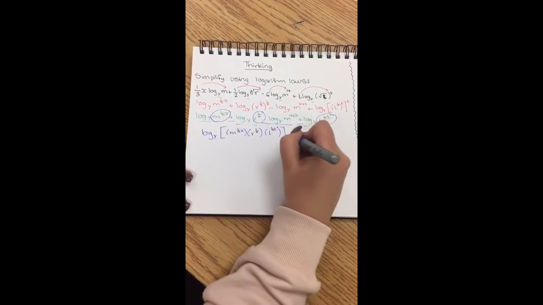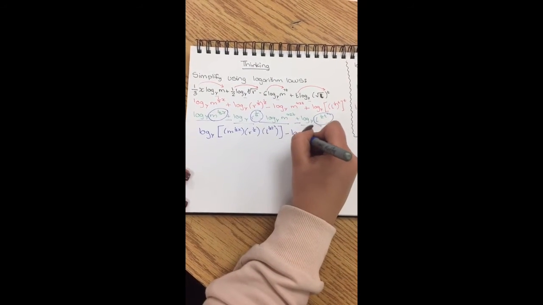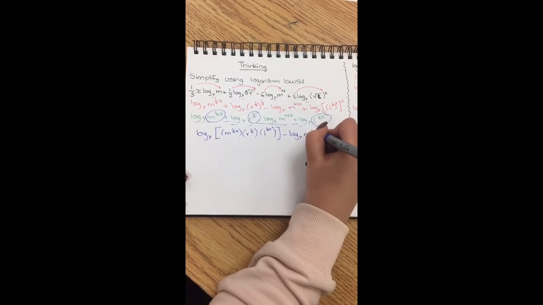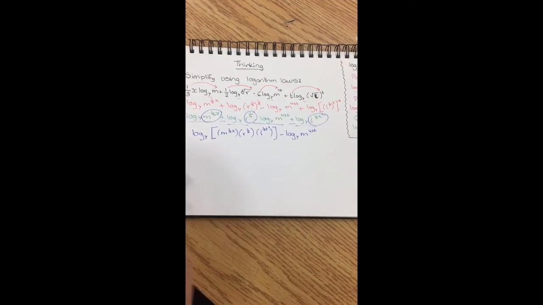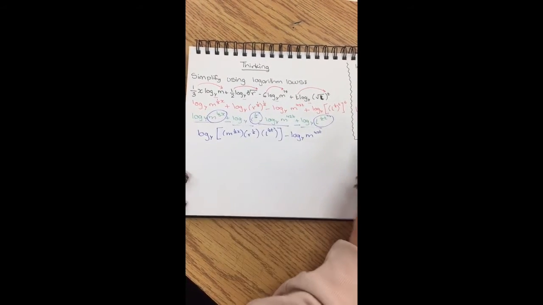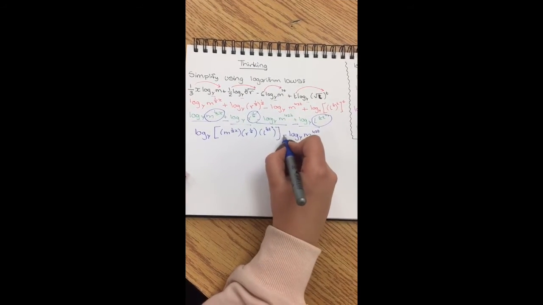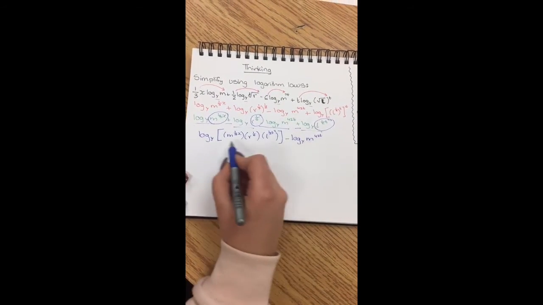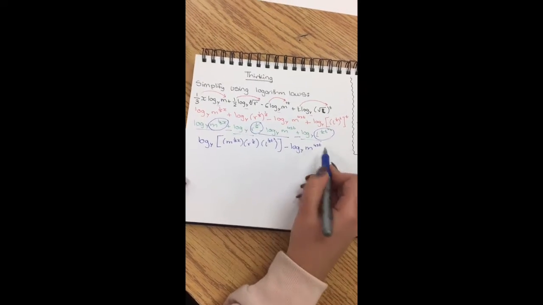And then we have to add in our minus log y of m to the exponent 42t. Now that we're done the product law, we can use the quotient law, which is because there's a minus here, which means that this is being divided by this.